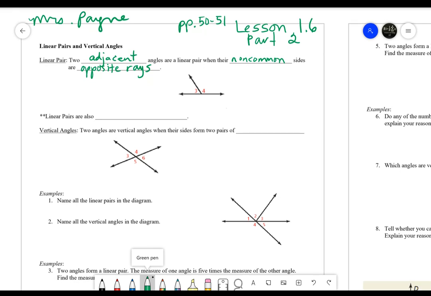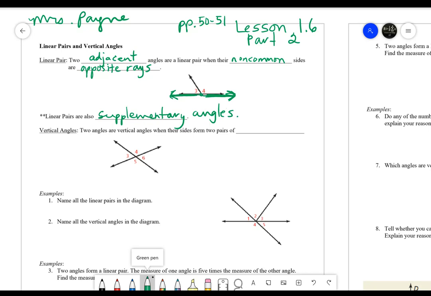So these 3 and 4 are a linear pair because their non-common sides are this one and this one, and they're exactly opposite. So that's a definition. By the way, you should notice that linear pairs are also supplementary angles, which means they add up to 180 degrees.